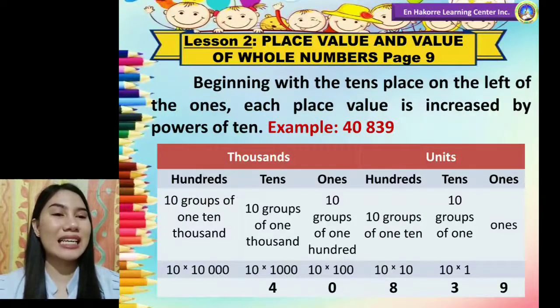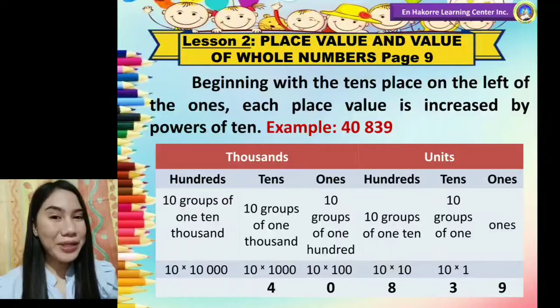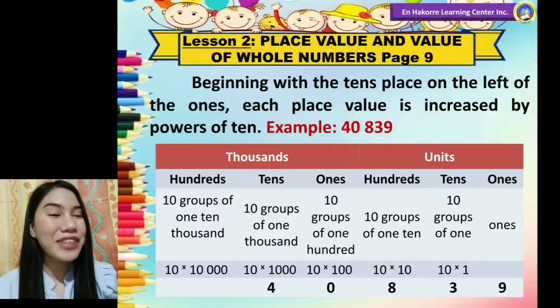So let's proceed, children, to the place value of hundreds. Hundreds is 10 groups of 10, meaning 10 times 10 is equal to 100, right? That is why it is called the place value of hundreds. Now, in our example, 40,839, you have 8, which has the place value of hundreds.